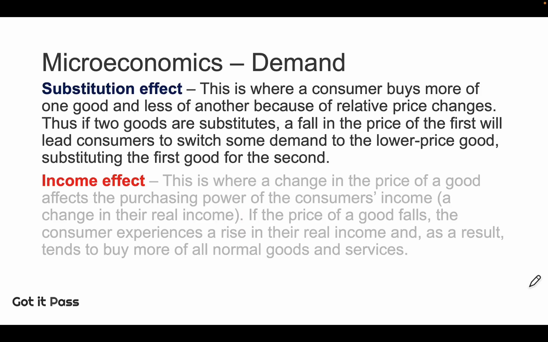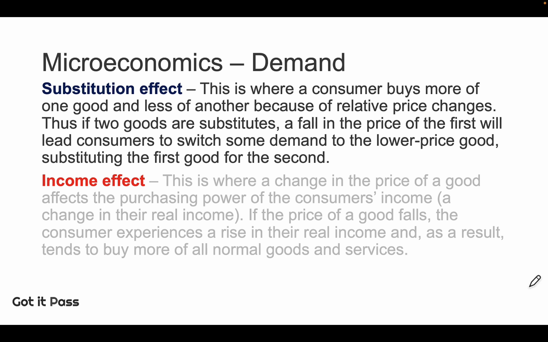For the substitution effect, this is where a consumer buys more of one good and less of another because of relative price changes. For example, if two goods are substitutes, a fall in the price of the first will lead consumers to switch some demand to the lower-priced good, substituting the first good for the second.